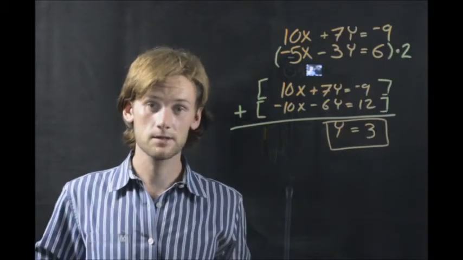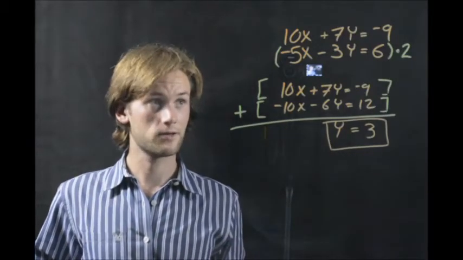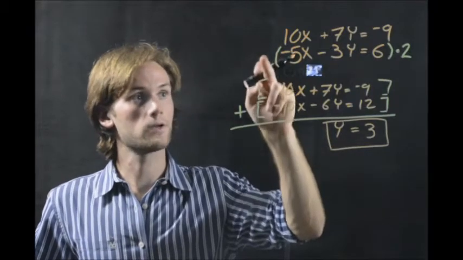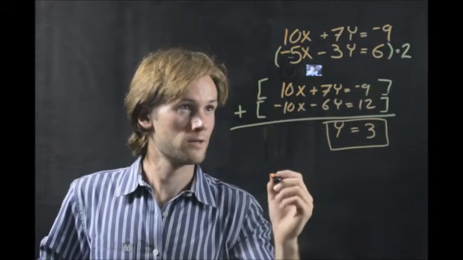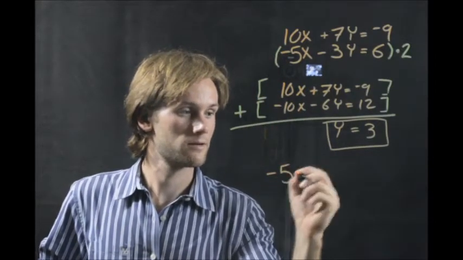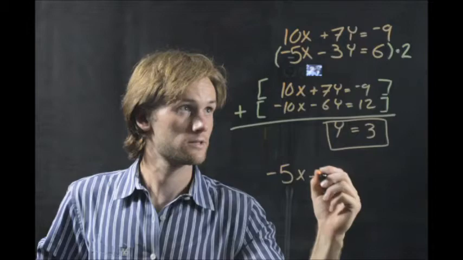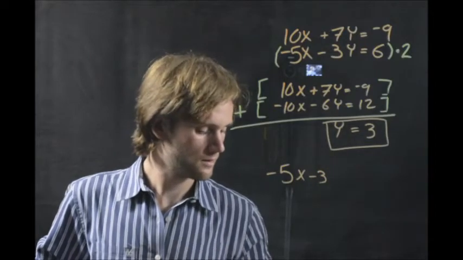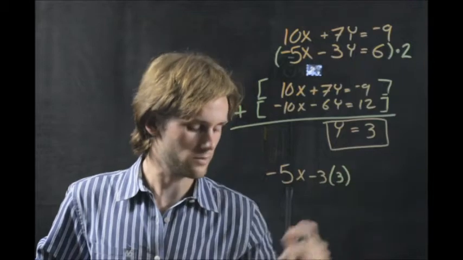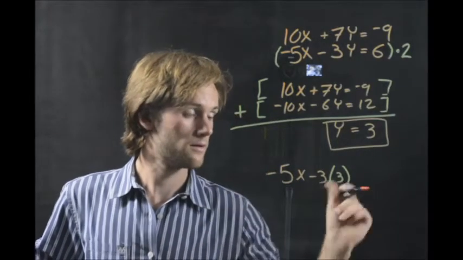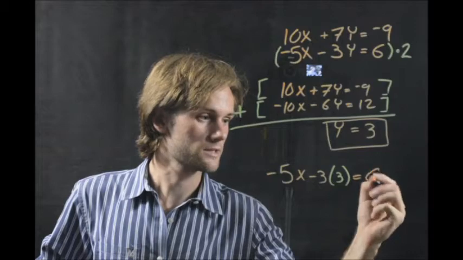Okay, same as the last time. We find the next variable by plugging this into one of our above equations. I'll plug it into the second one. So we have negative 5x minus 3, now we're plugging in our y, which is also a 3, is equal to 6.